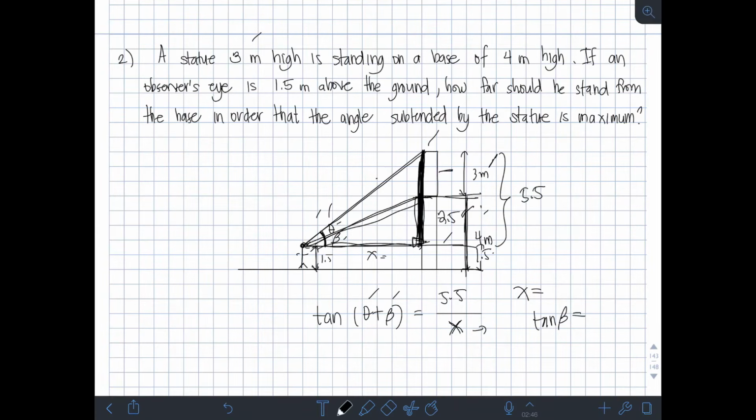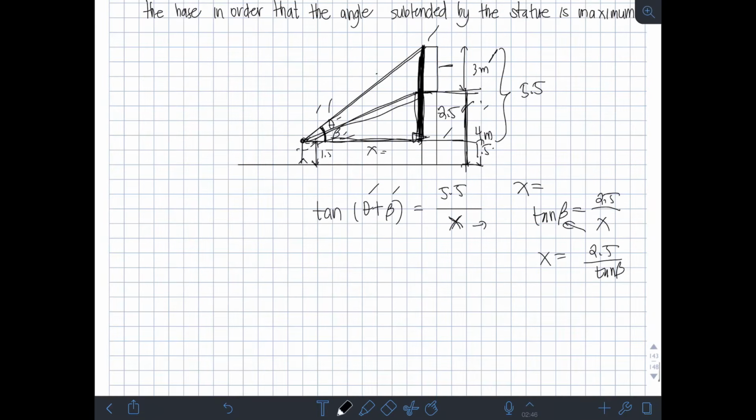So, tangent beta is equal to opposite 2.5 over x. Okay? Or, solving for x, we have cross multiply. X is equal to 2.5 over tan beta.